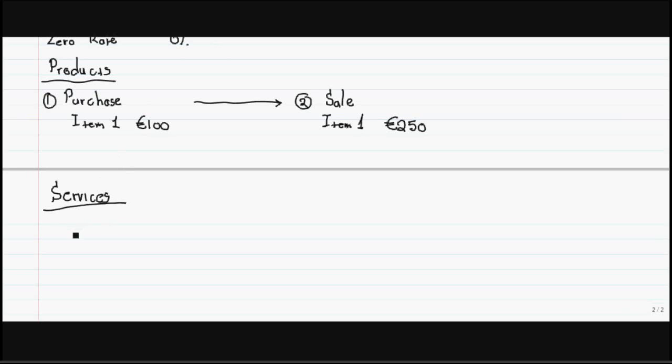As I said, we do not purchase services, we only sell services. So purchases are not applicable, and we provide our accounting services for a total amount of 500.